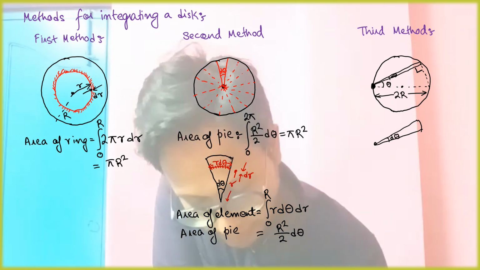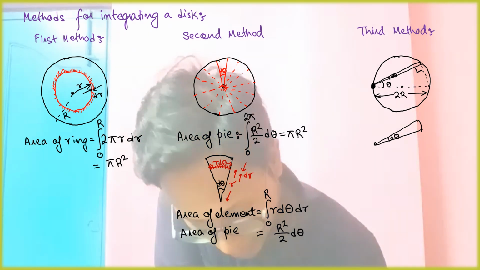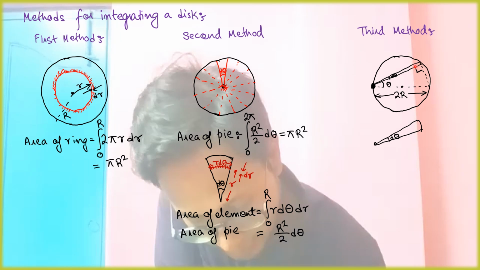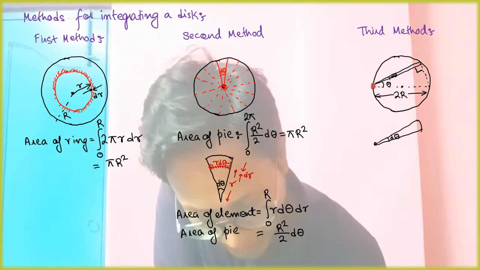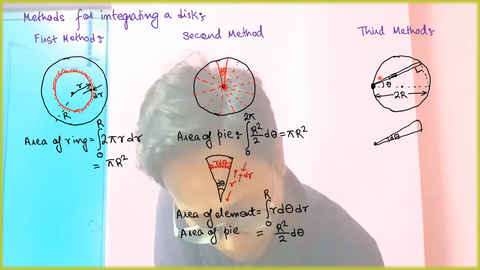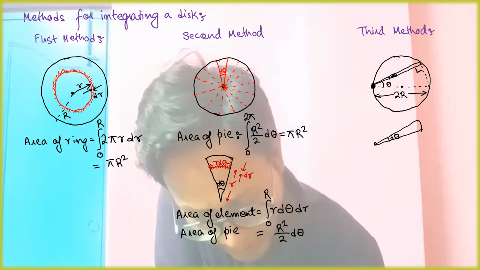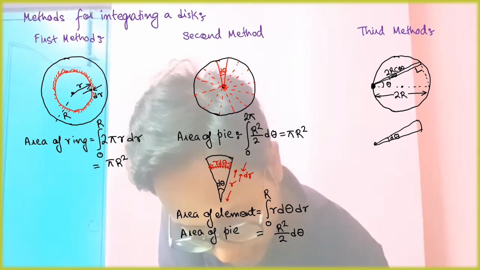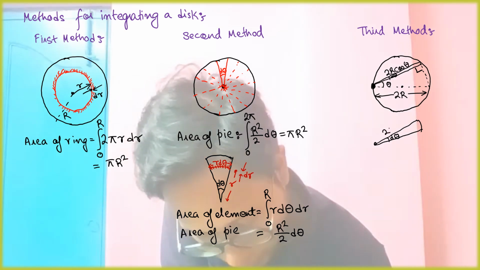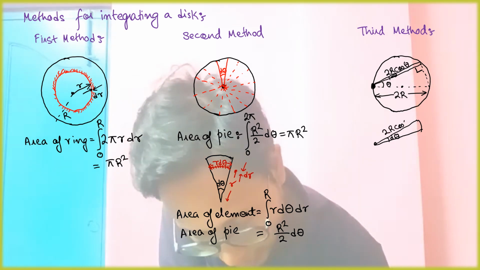What is this length? This is 90 degrees, and this is 2r. So can I say this length is nothing but 2r into cos theta, because this is already 90 degrees. So 2r cos theta is this length.